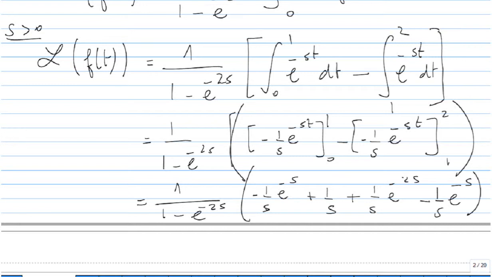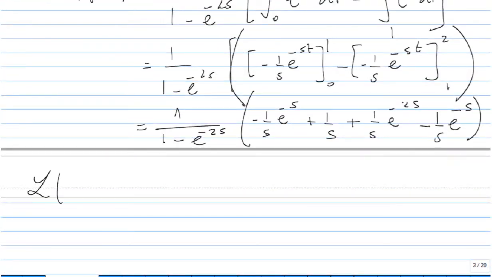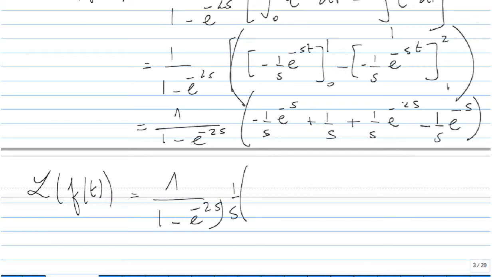So putting the stuff together, we get again the Laplace of f of t is equal to 1 over 1 minus e minus 2s. We can factor out 1 over s. And this gives me minus 2e minus s plus 1 plus e minus 2s.